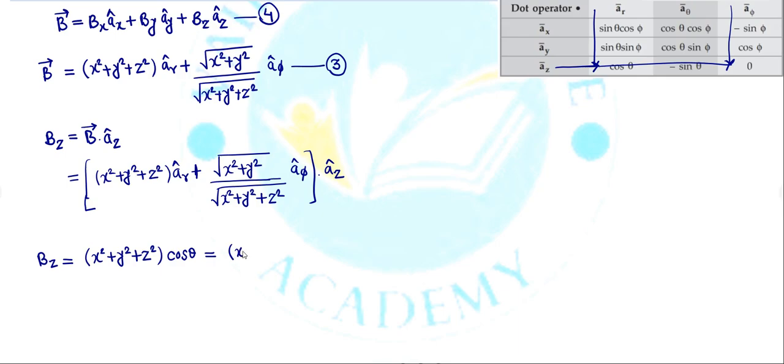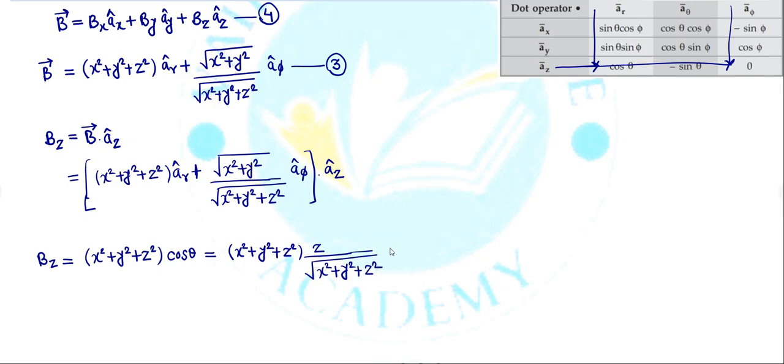keeping this very first term as it is. So that is x square plus y square plus z square, and that cos theta value we have to be z upon square root of x square plus y square plus z square.